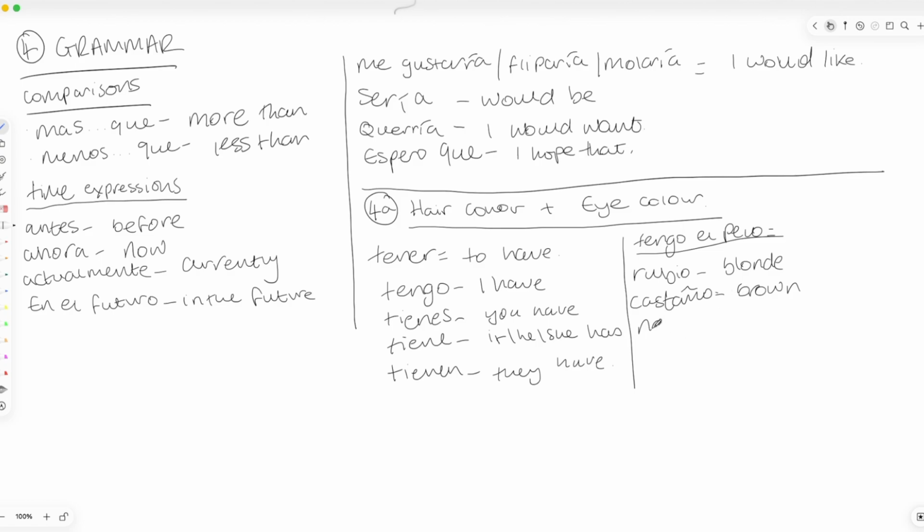El pelo negro, black. Alright. Pelirrojo, ginger, or red hair. Or gris, if you're using it to describe your nanny or granddad, grey. Alright, again, pelo is singular, so you would only ever use the singular form for these words, and you would pair it with one of the verbs for tener.